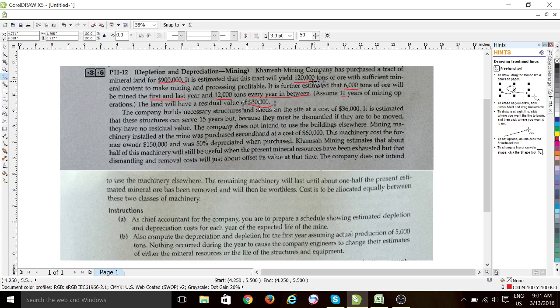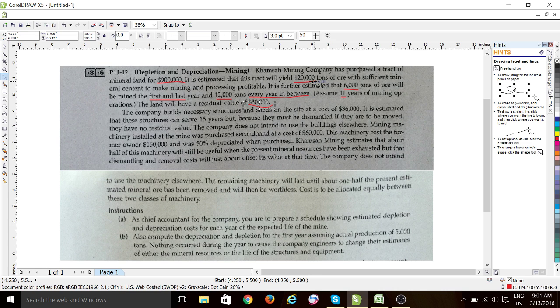Here we use the activity method because the mining depends on the tons of ore available. So if the tons are used up, then it is no longer useful for the company.